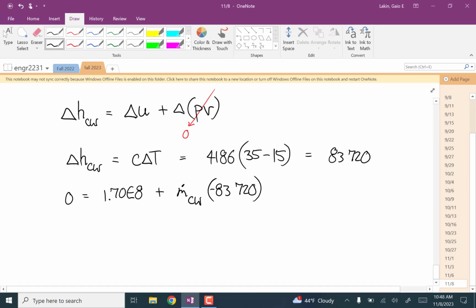And so we get that m dot for the cooling water is 2,030 kilograms per second. It's a lot of flow. Yeah, that's a lot.